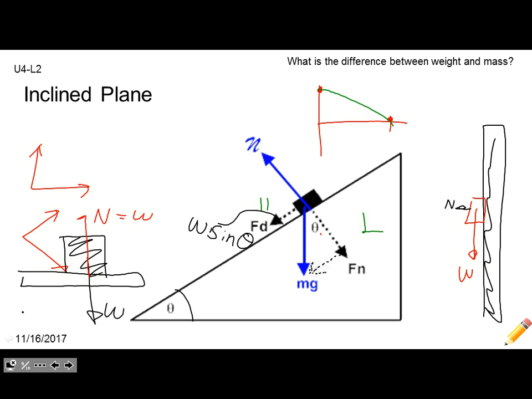Okay? And the other piece is equal to the weight times the cosine. So that means on an inclined plane, the normal force is equal to the weight times the cosine, and the parallel part, or the force of gravity pulling it down the incline, is equal to the weight times the sine.